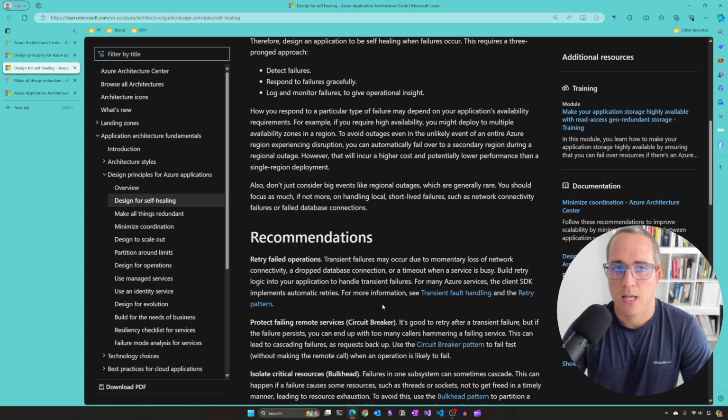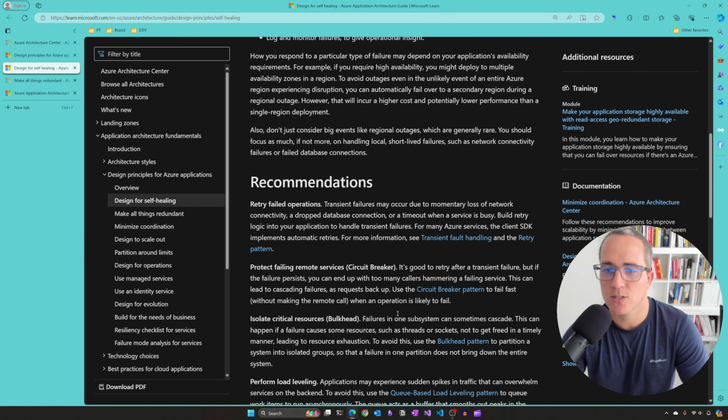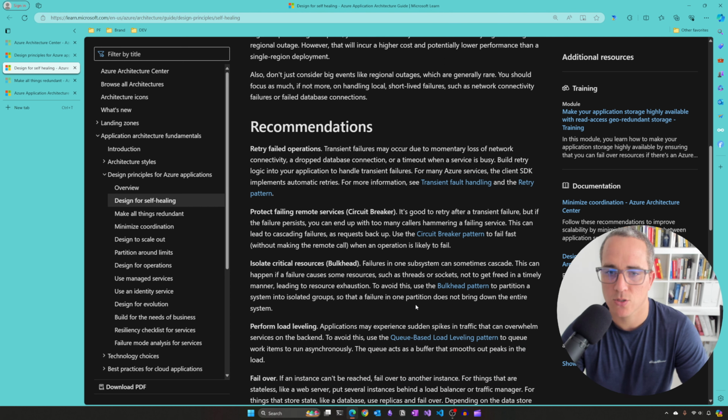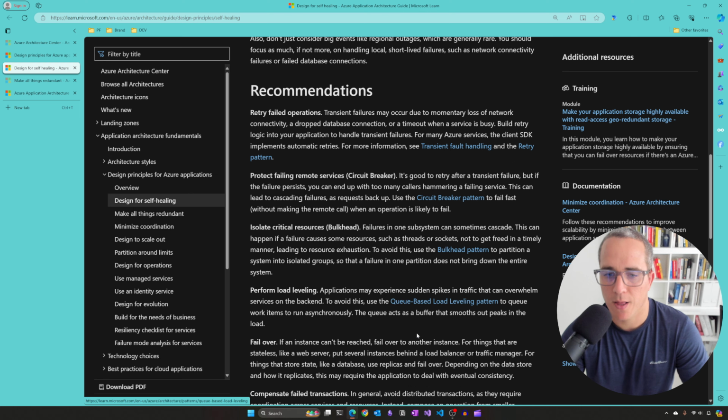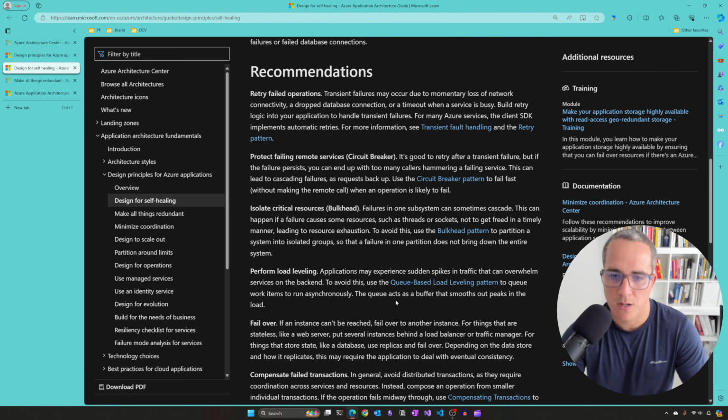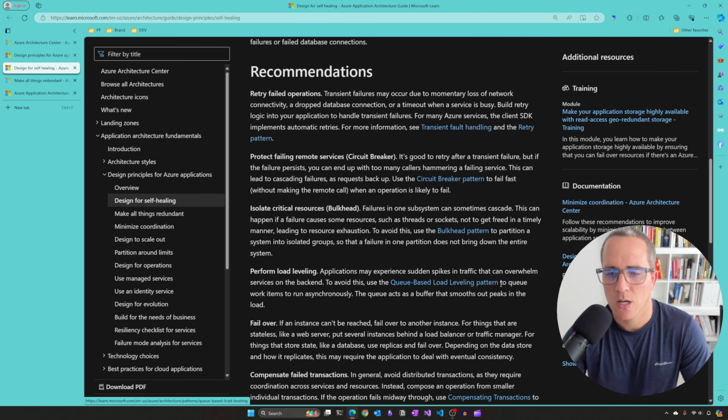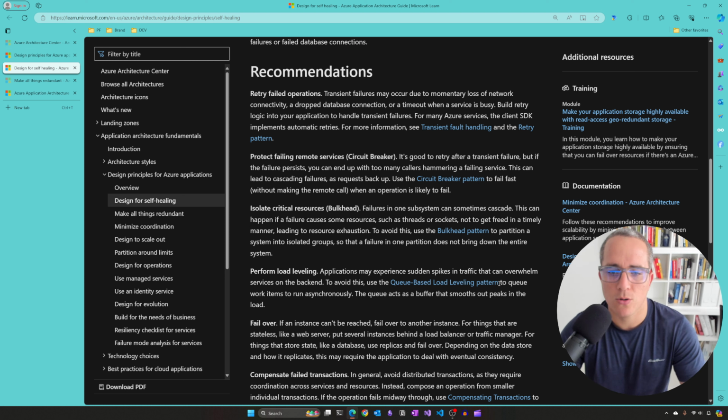Maybe don't use these services with this number of patterns. You have transient fault handling, retry patterns, circuit breaker pattern, bulkhead patterns, and queue-based load leveling pattern, which is, by the way, one that I like when you have, for example, Azure Service Bus, where you can use a queue between two applications.